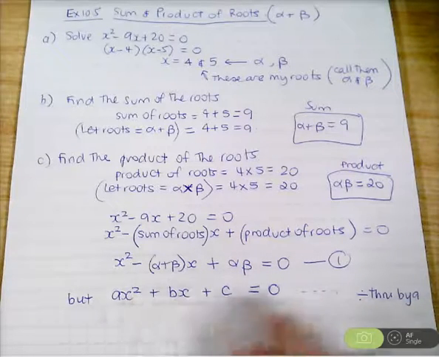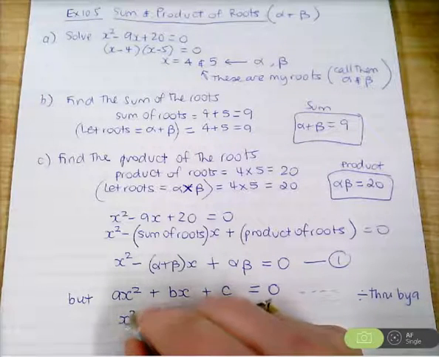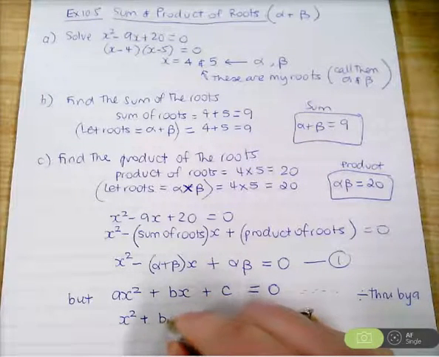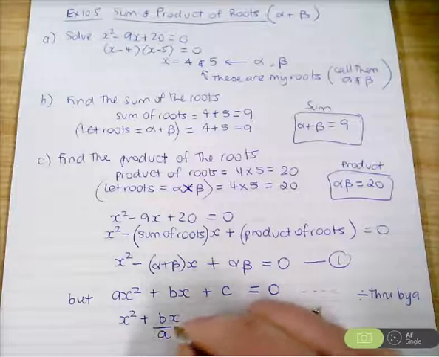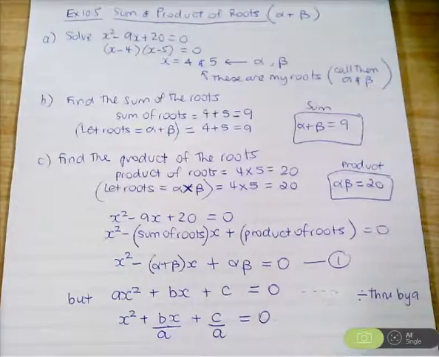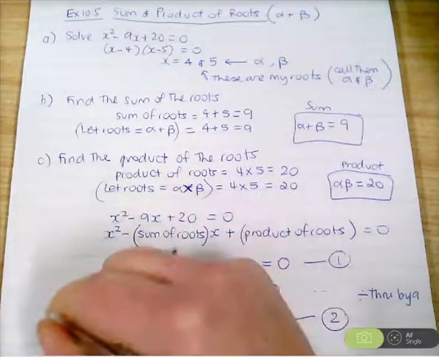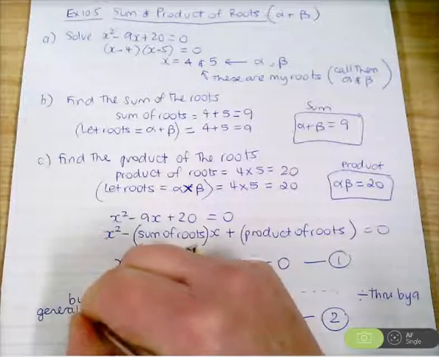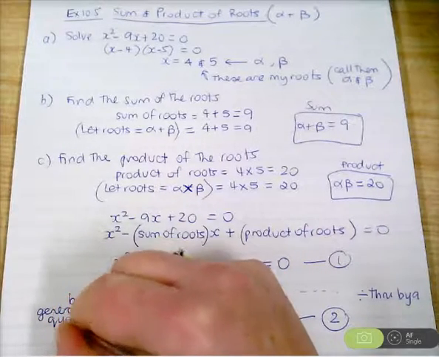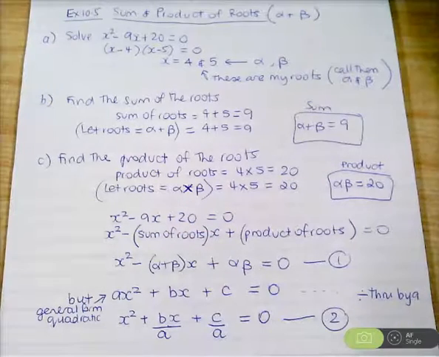What do I get? x squared plus bx over a plus c over a equals 0. I'm going to call this one equation 2, and this is the general form of my quadratic.